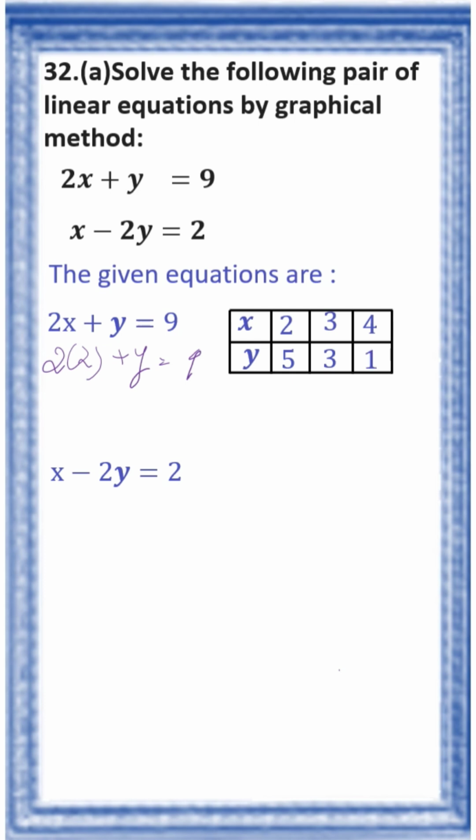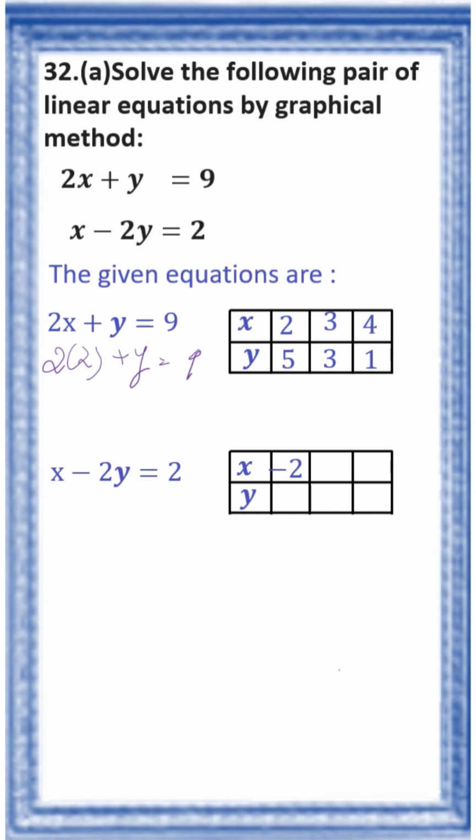Now let us put a table of values for the second equation for x and y. If x is equal to negative of 2, here be careful to put even values for x, otherwise you will get fractions for the values of y. X is equal to negative of 2, what will you get?